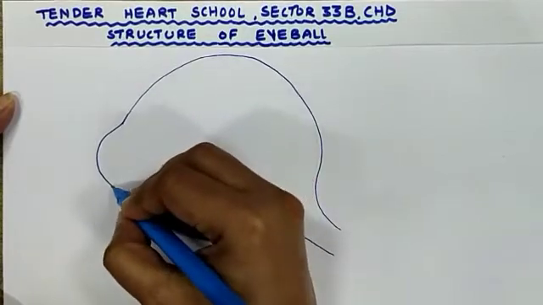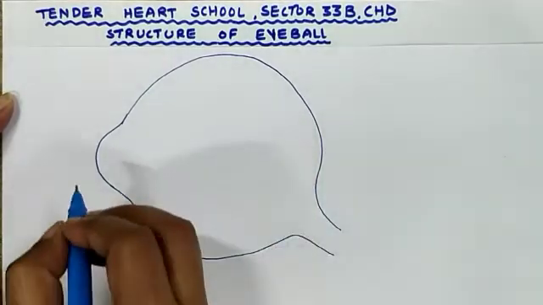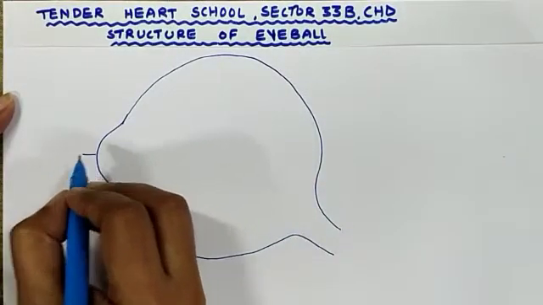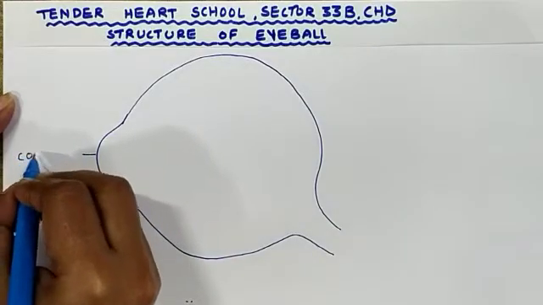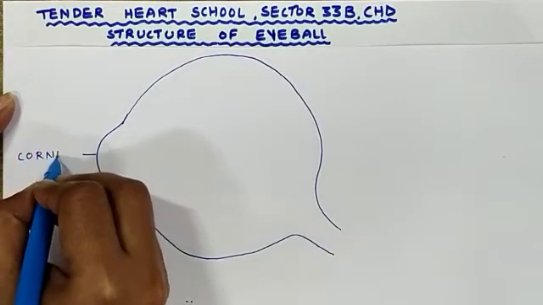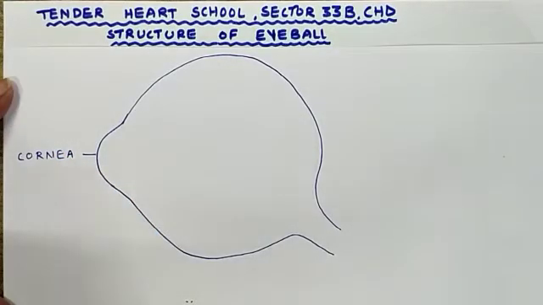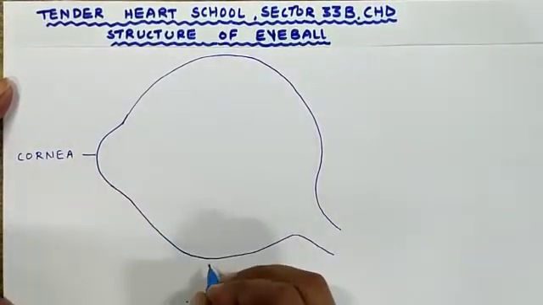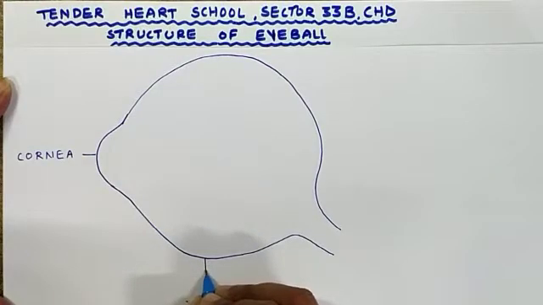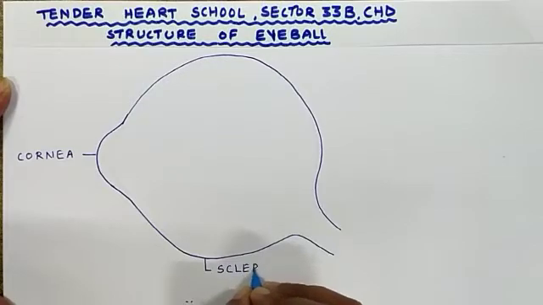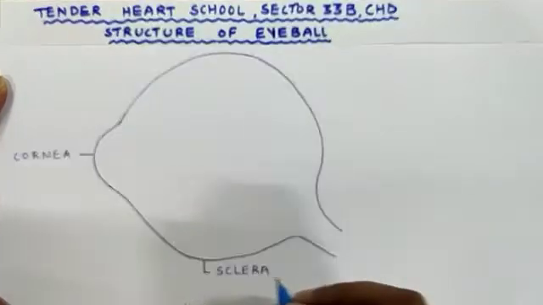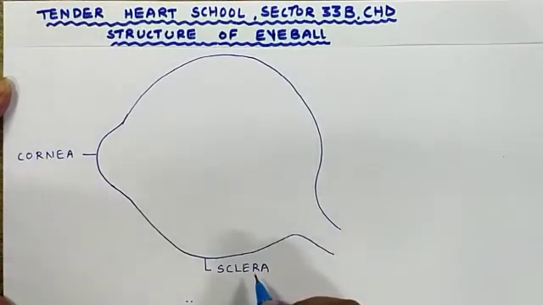This bulged out region of the sclera is called the cornea. So let us label them side by side. This is the cornea, and let us label this one also. This is the sclera, the outermost layer of the eyeball.